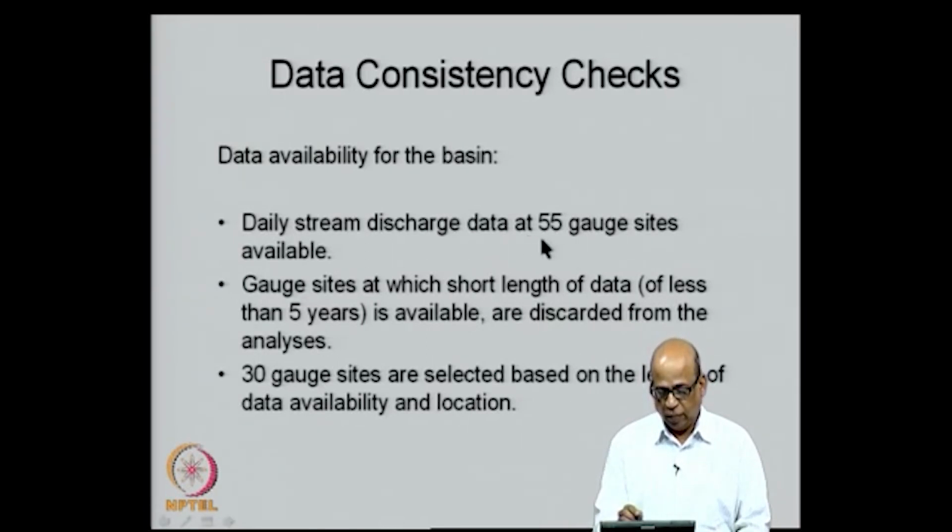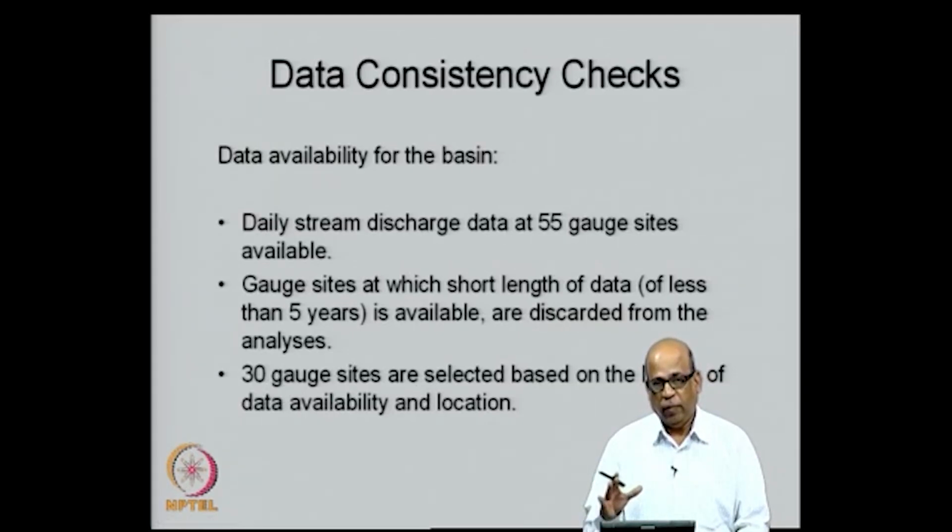Now, because we have a large number of gauge sites, we can afford to ignore these gauges at which the data is very small. So, we just discard data of length less than 5 years. Then out of 55 sites, we take out about 25 sites and take only about 30 sites.